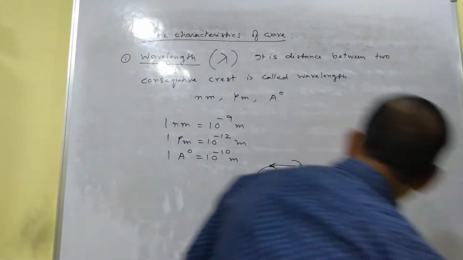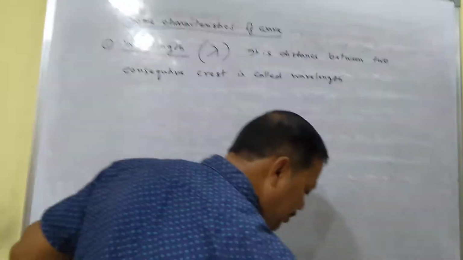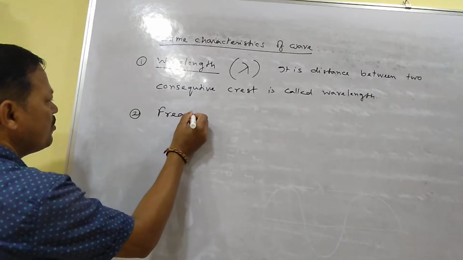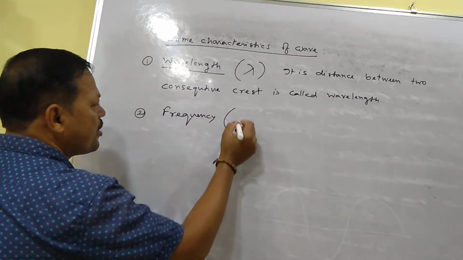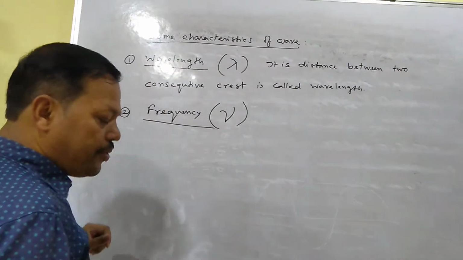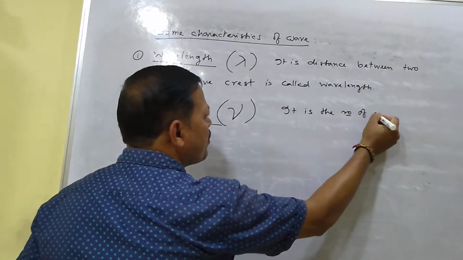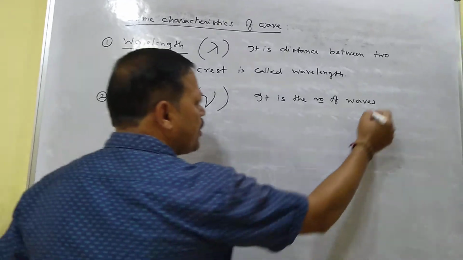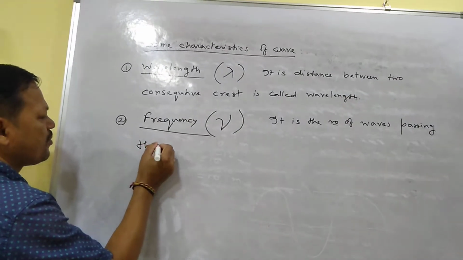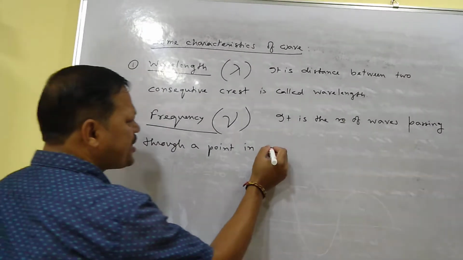Another property of the wave is frequency. That is number 2, frequency. It is symbolized by the symbol nu. What is frequency? It is the number of waves passing through a point in 1 second.